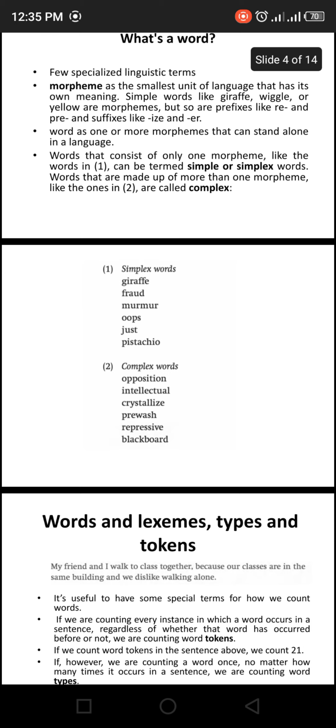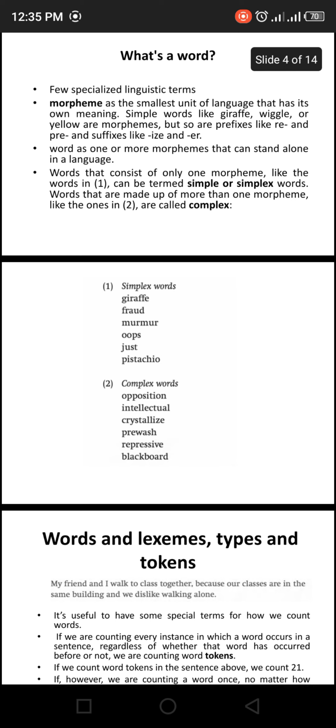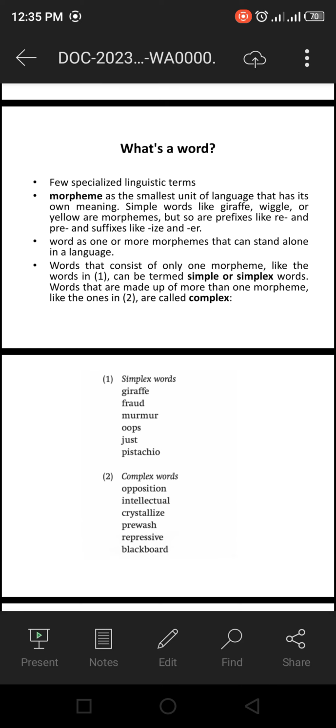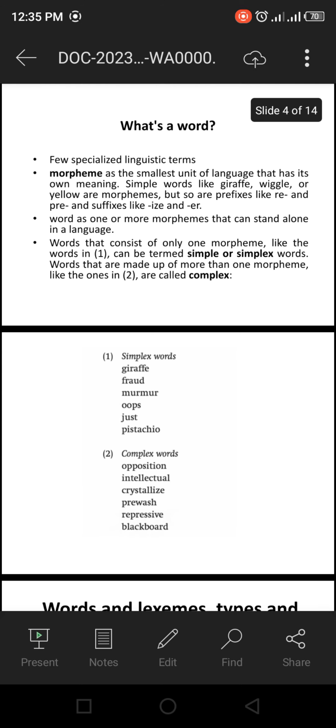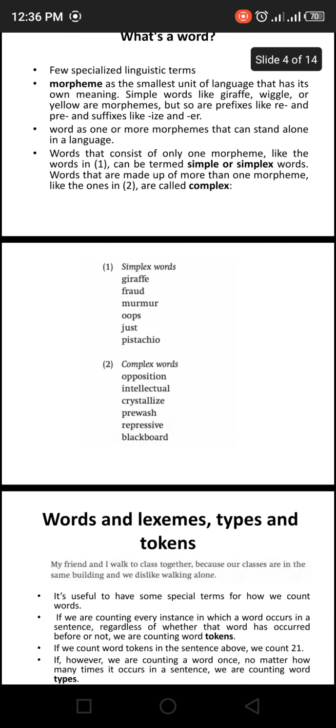So here is the question. This is the big question, that how this definition creates confusion. Full cannot give you meaning alone. And in unhealthy, un cannot give you meaning alone. A word is one or more morphemes that can stand alone in a language.